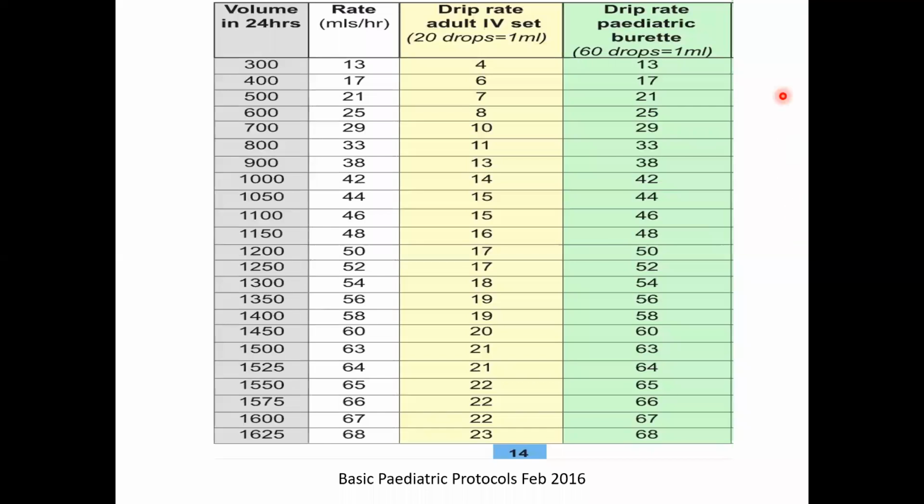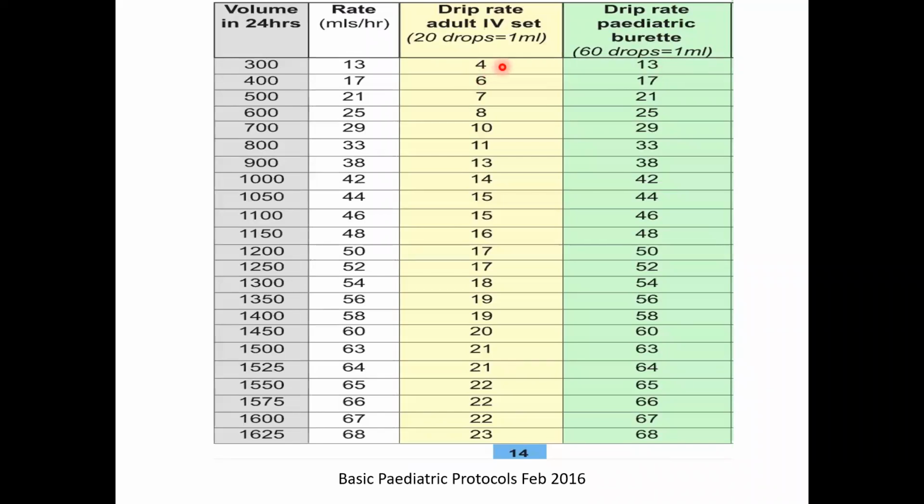And this is, of course, in a setting where you don't have infusion pumps, which is the situation for many of us. So if, for example, we have a patient who requires 300 mils of fluids in 24 hours, and you need to give 13 mils per hour, if you're using a pediatric burette, that will be 13 drops per minute. If you're using an adult giving set, it will be 4 drops per minute.